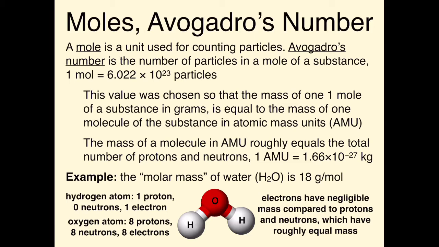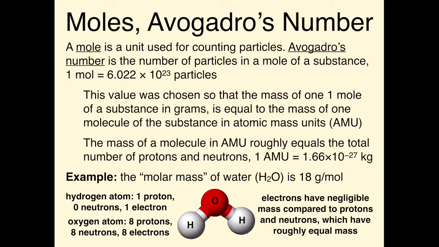So basically, when it comes to the mass of a molecule, we can ignore the electrons because they don't really contribute that much to the mass. It's negligible. Also, protons and neutrons almost have equal mass. They have slightly different masses, but for our purposes, we can say they have equal mass. And that mass happens to be 1.66 times 10^-27 kilograms. And that's what we define to be an AMU, an atomic mass unit.